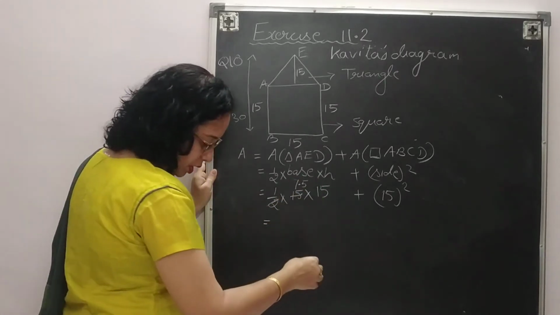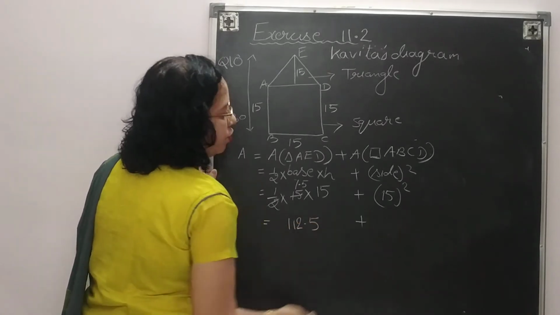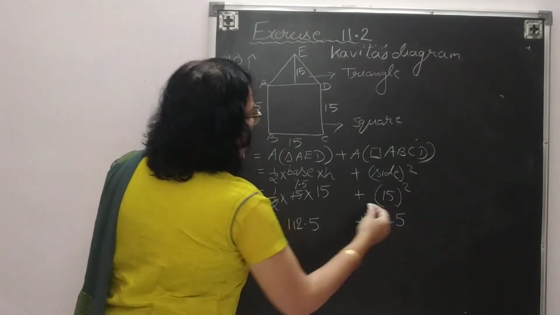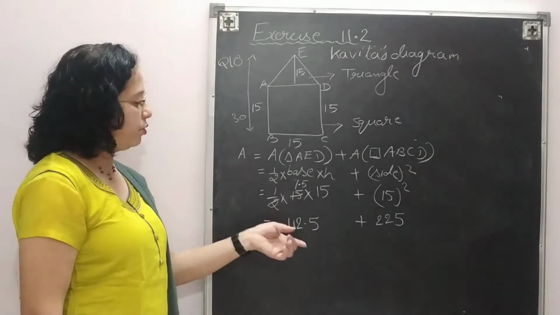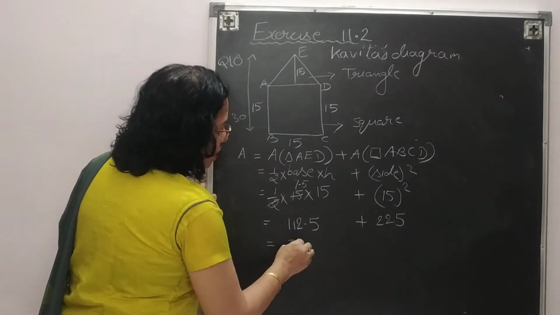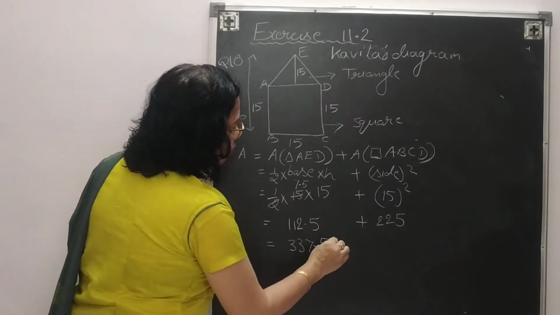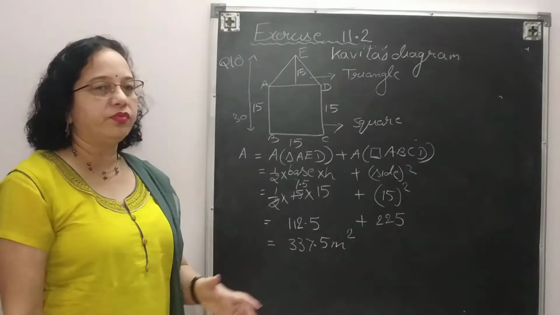Multiply these two numbers, so you will get 112.5 and 15 square. Everybody knows this is 225. Even you can do that also, 225 divided by 2, half of 225, then also you will get the same answer. Now add these two, so 337.5. Again your units are in meter, so your total area will be 337.5 meters square.